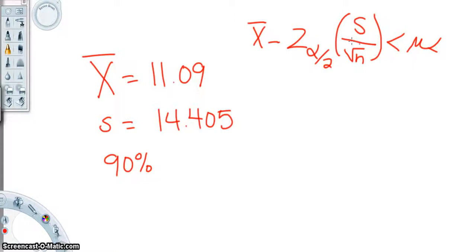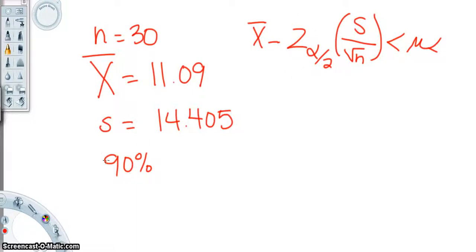And then we have the same thing written on the other side here, because the population mean is less than x bar plus z sub alpha over 2 times s over square root n. So in this case, we have our x bar, we have our standard deviation, and our sample size is given to us in the book. The sample size is 30. But we need to find out what is our alpha over 2. What is this z sub alpha over 2 going to be?